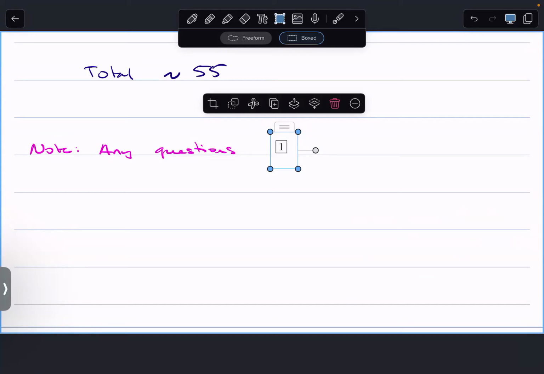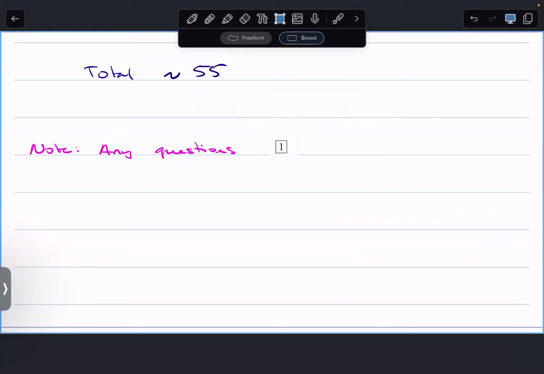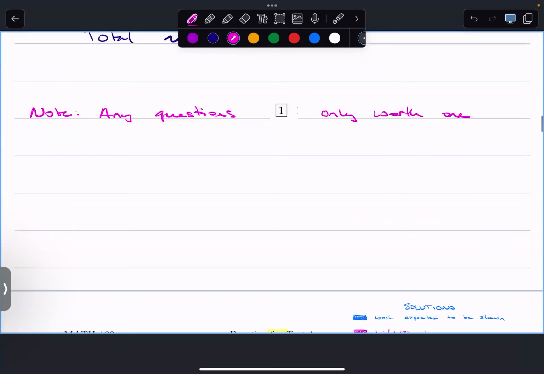Sometimes when I do the actual run through, I do adjust it a little bit, but not terribly. So any questions only worth 1 mark do not require any work shown. There's a few, but not that many.